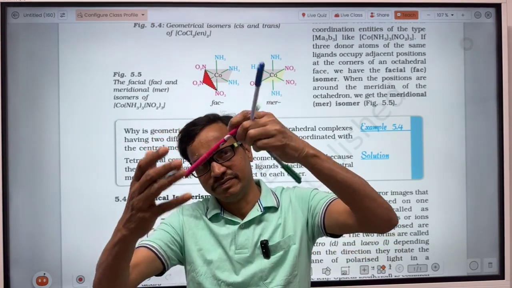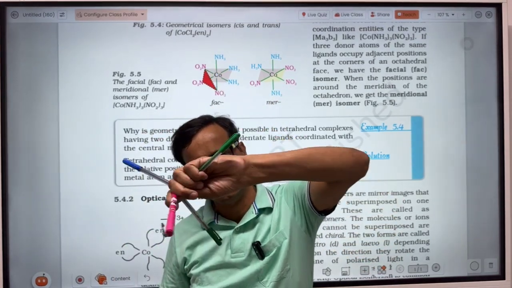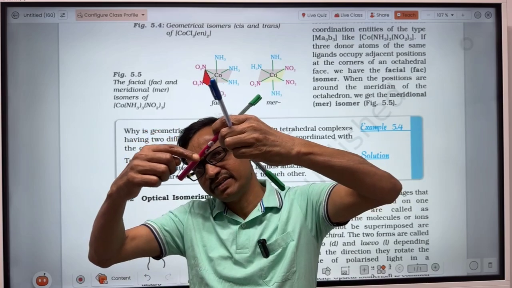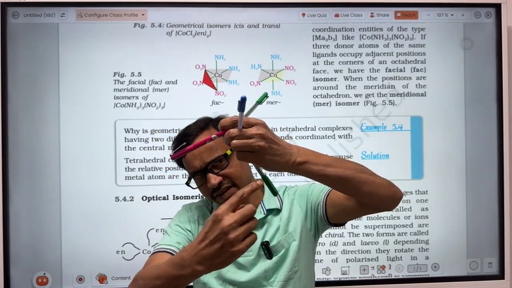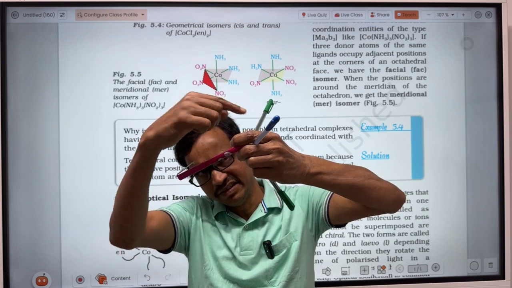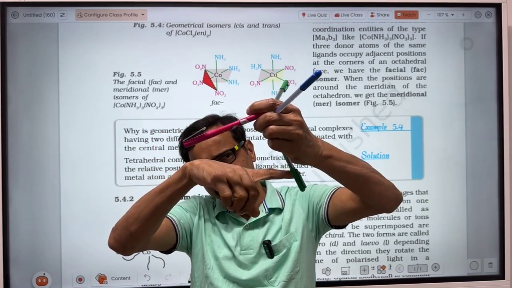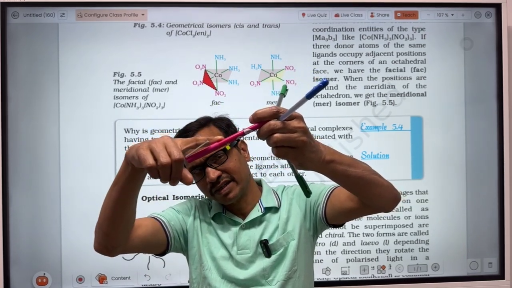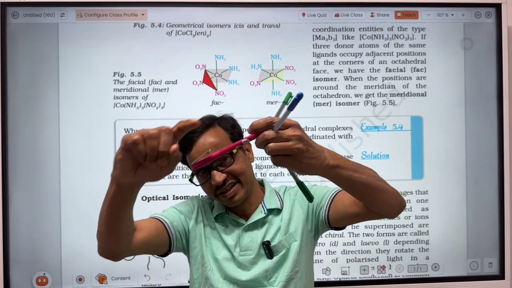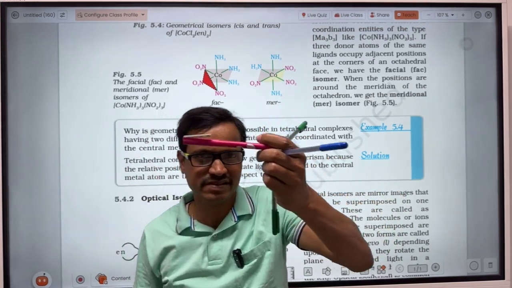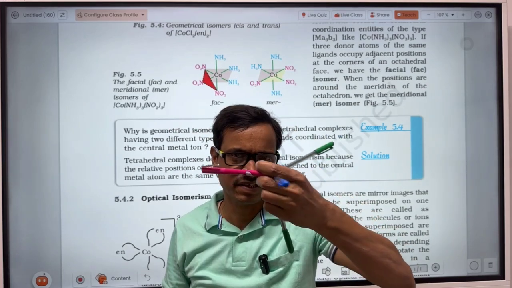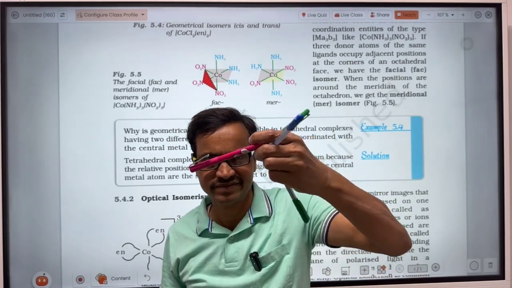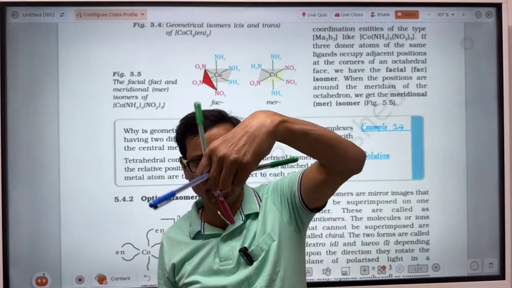So the relative arrangement of these groups will be the same, because everywhere the bond angle is 109.5 degree, here also 109.5 degree, this one 109.5 degree, this one also, this one also. That means the relative arrangement of ligands in three-dimensional space will be the same, however you rotate.